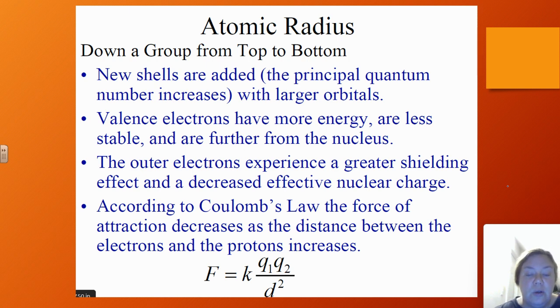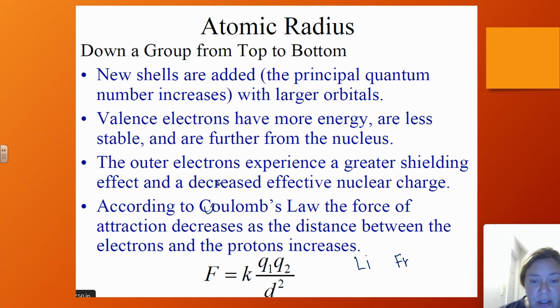So you know about atomic radius, but now let's relate it to Coulomb's law. The force of attraction decreases as the distance between the electrons and the protons increases. So let's think about this. Let's say we're looking at lithium versus francium. They're both alkali metals. They both have the same charge.